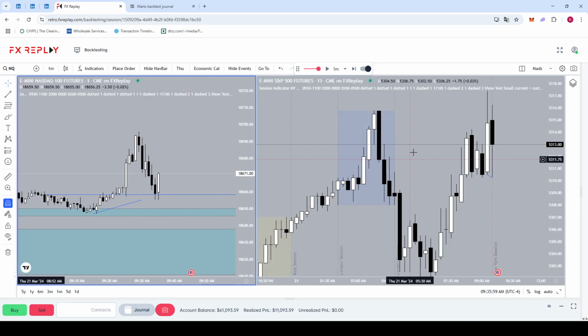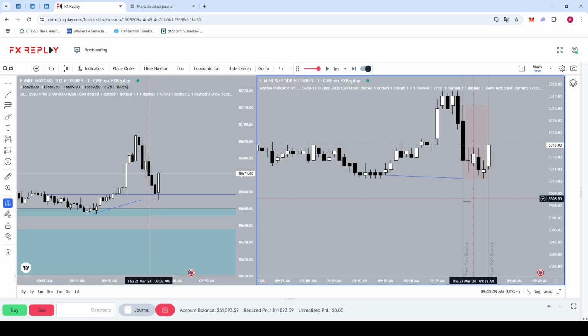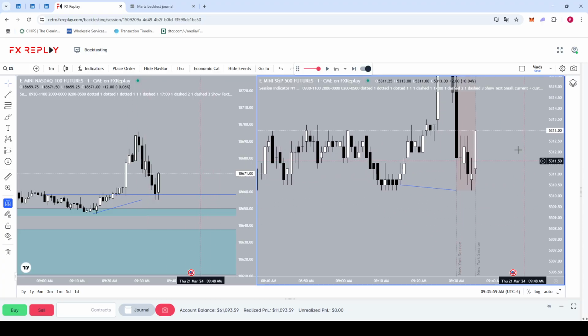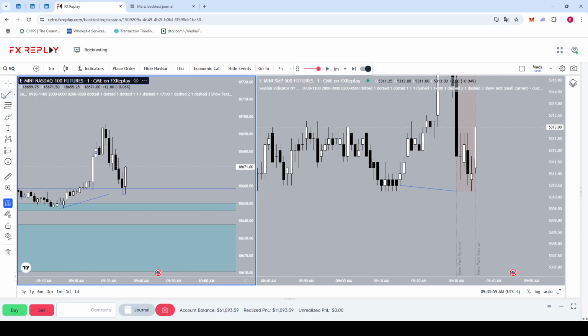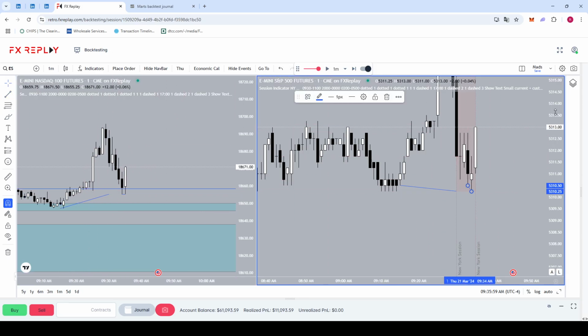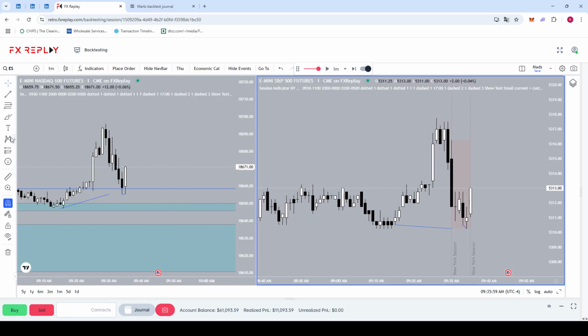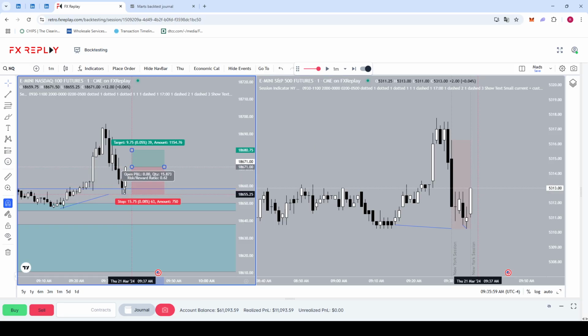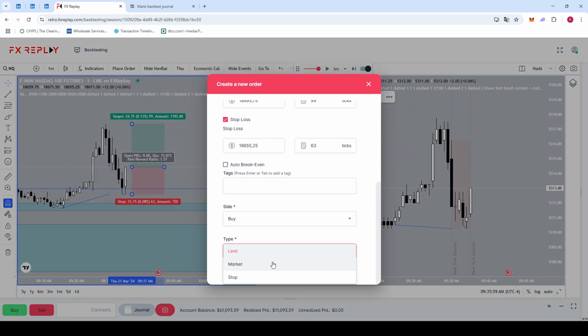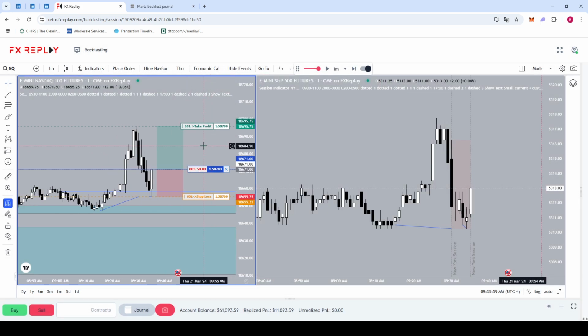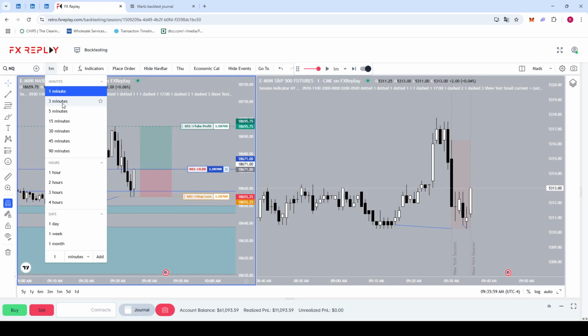So what is this? Low time frame market maker buy model. We have a candle SMT. 3 minute.